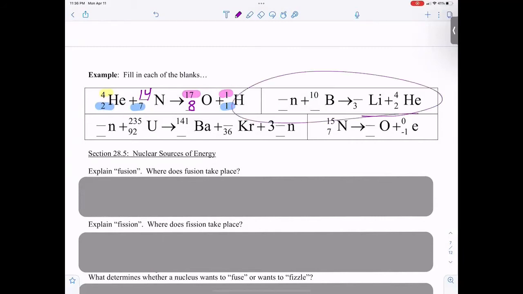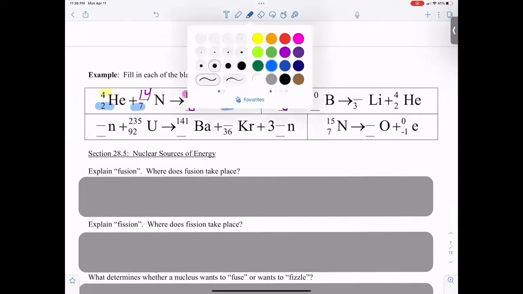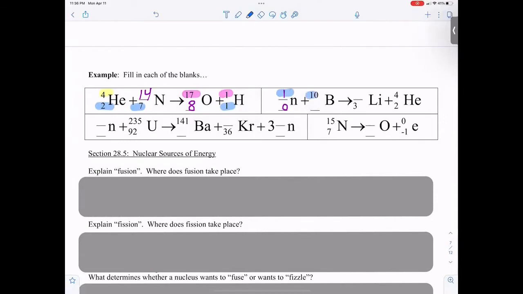Okay, in this next example, we can start with the atomic numbers. So we have 3 plus 2. One thing you should know right off the bat is we have a neutron. A neutron has a mass number of 1, but no charge. Now look at what we're given. We are given 1 plus 10.